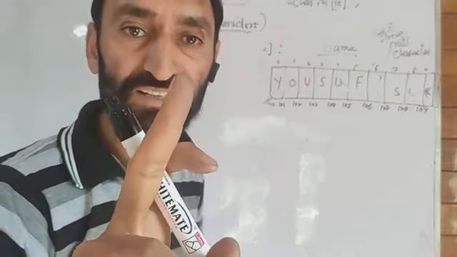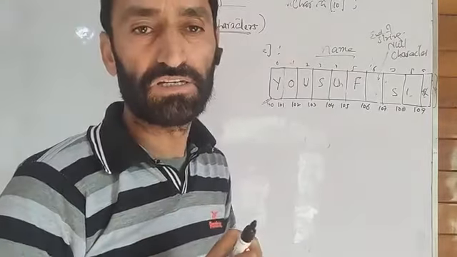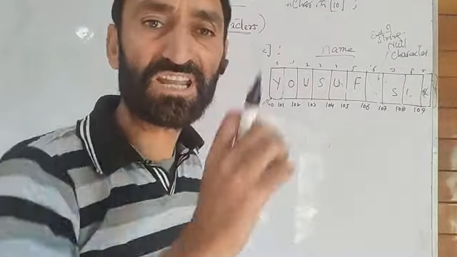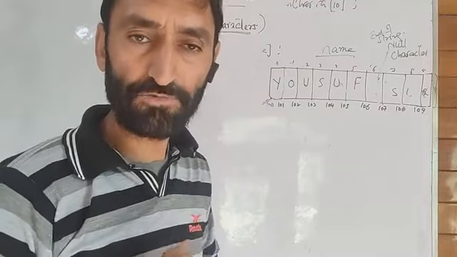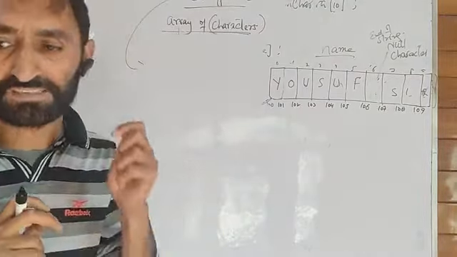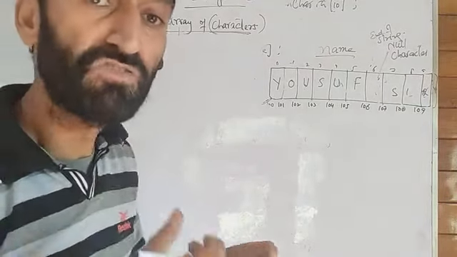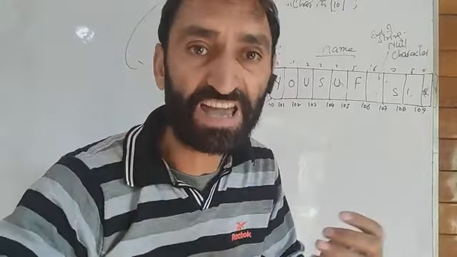Float, double, int, char, void are the data types in C. Array is a derived data type in C, but string is not a data type in C. That is why we represent strings as an array of characters, a group of characters.